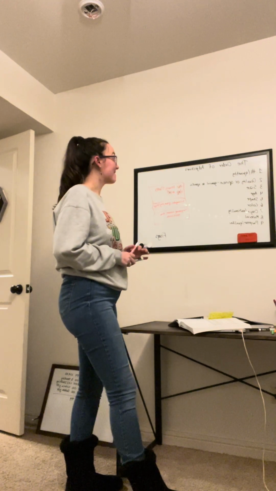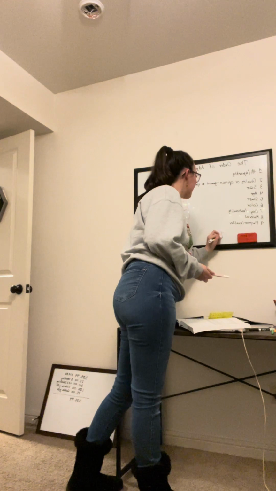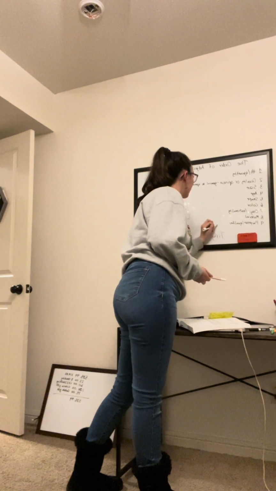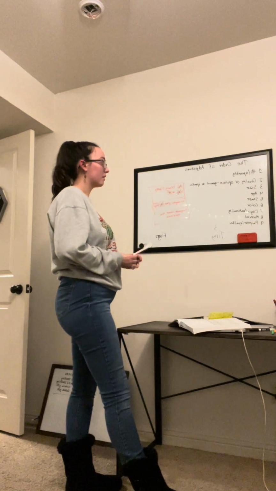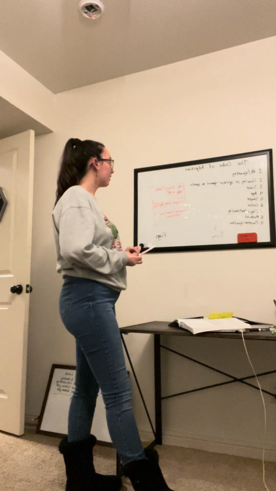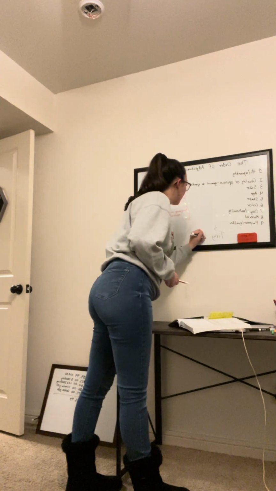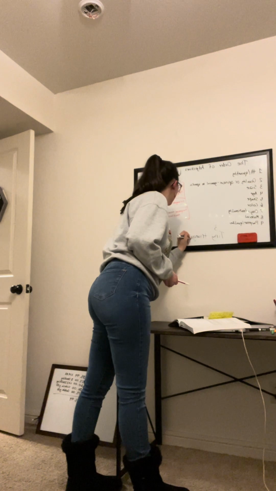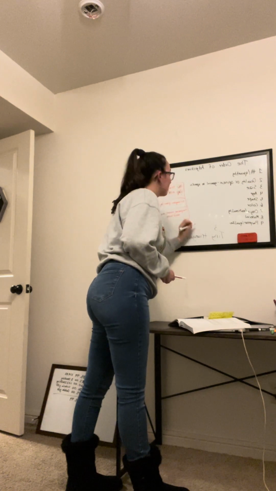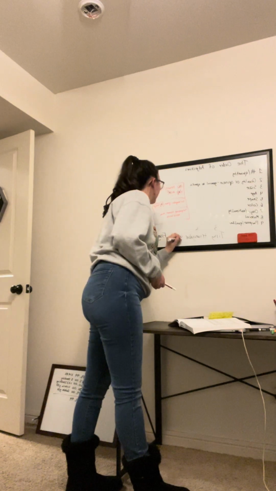Size. So tiny is the first word, and it's on size. Good. Okay, what's next? Green. Color. Shape. Good. Triangular. And then green.